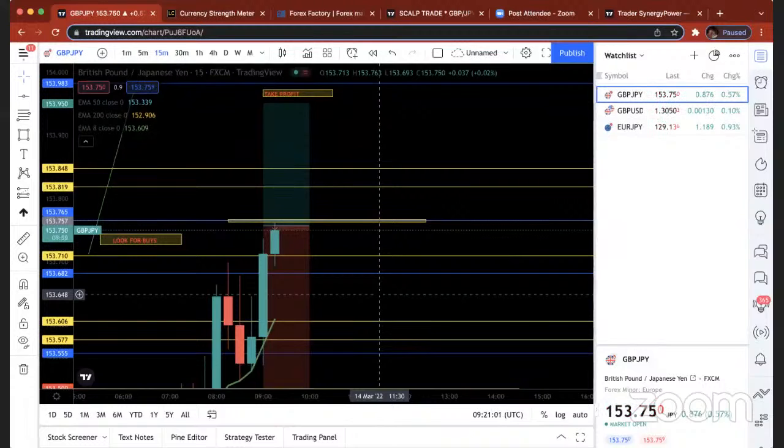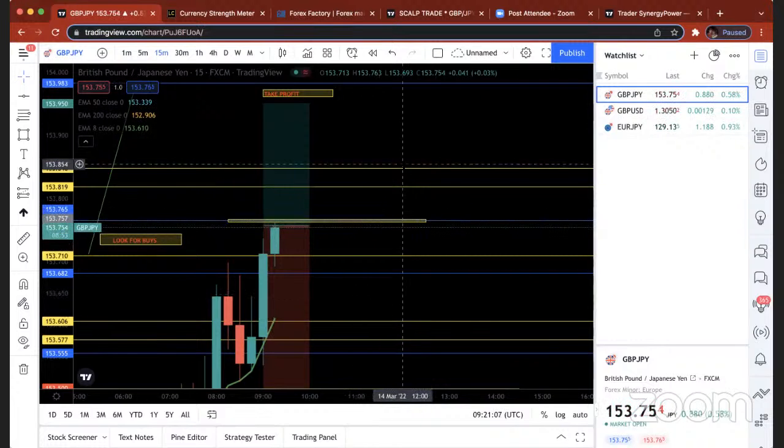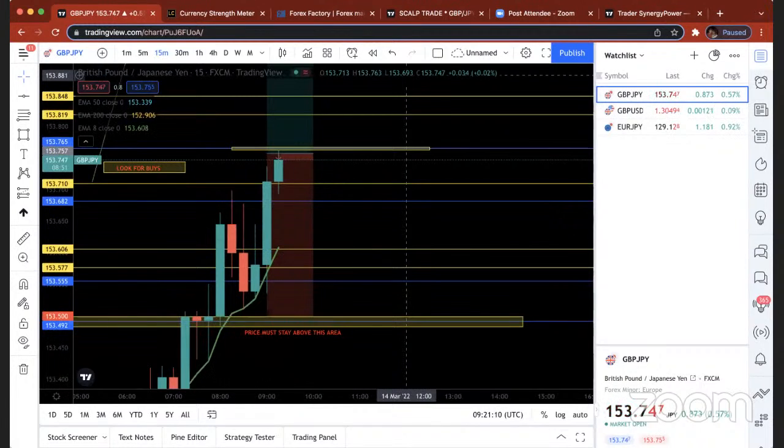Put TP at 153,950 and stop loss, 153,500.